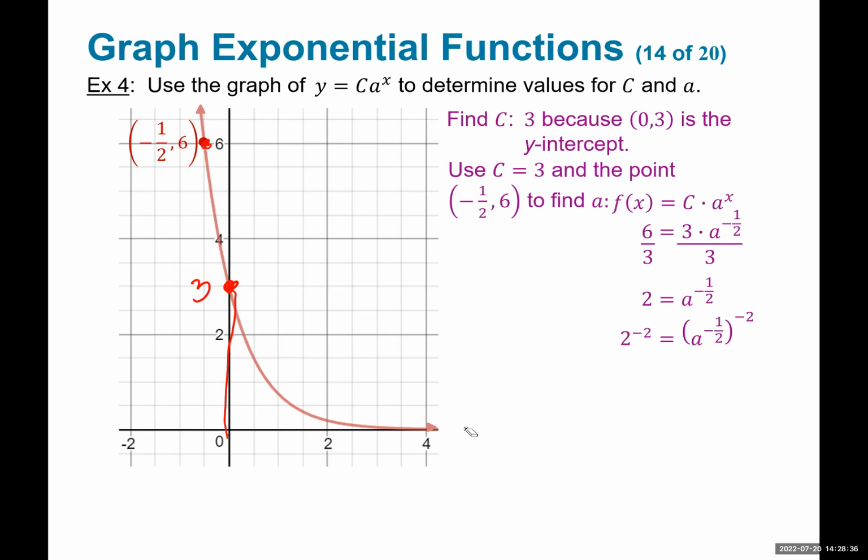The opposite of -1/2, how you get rid of that, is you square it, but a negative square. That's because -1/2 times -2 makes +1, and that way we'll just have A to the first power. And so 2 to the -2, you can put that in your calculator and you'll see that that's 1/4. So how do you put that in the calculator? Let's stop sharing real quick and see if I can share my calculator.